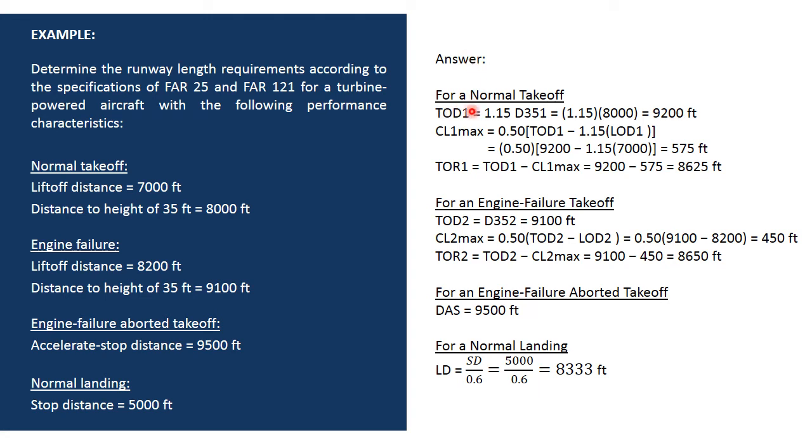For a normal takeoff, let's calculate the TOD1. The TOD1 is 1.15 multiplied by D35.1, where D35.1 is 8,000 feet, so we get 9,200 feet.